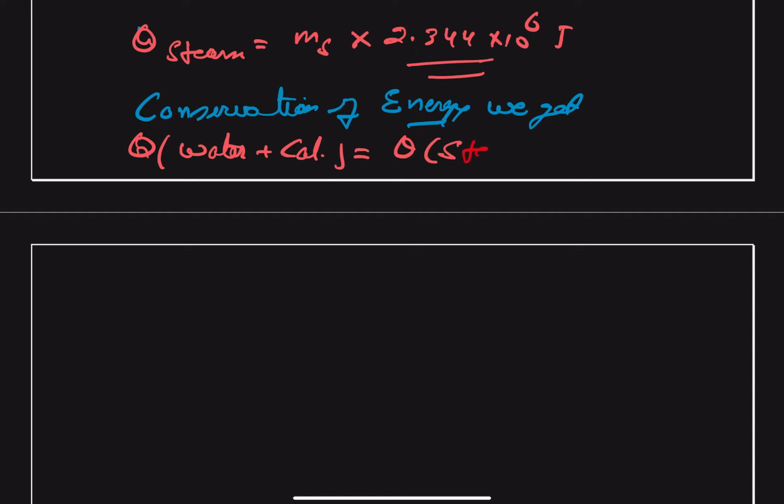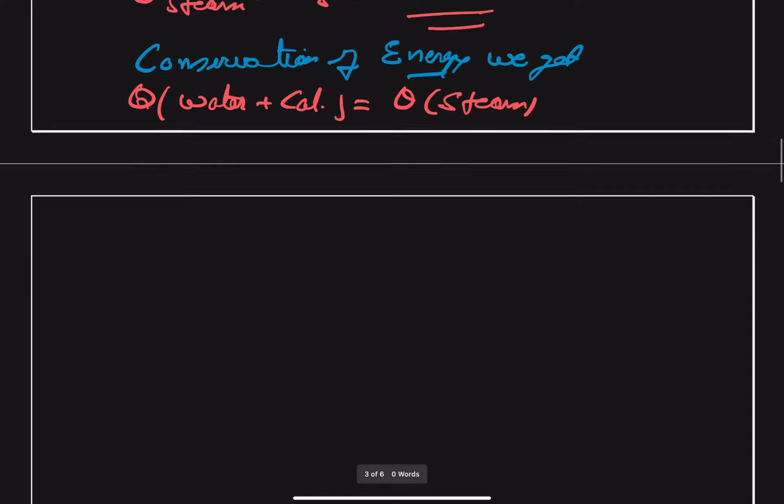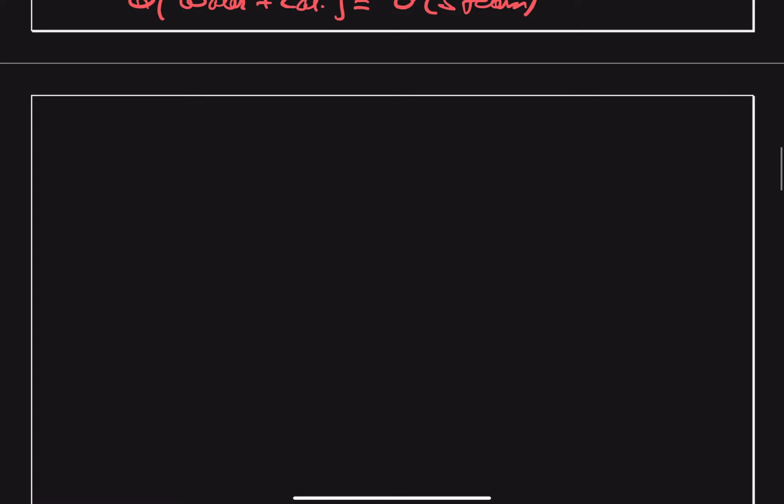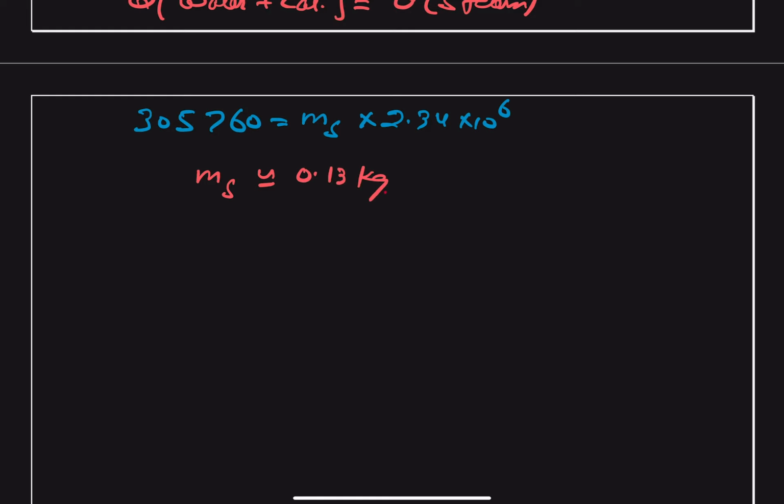Now we simply substitute the values. We get 305,760 equal to Ms multiplied by 2.34 into 10 to the power 6. Therefore our Ms is approximately equal to 0.13 kg, which we were supposed to find out.